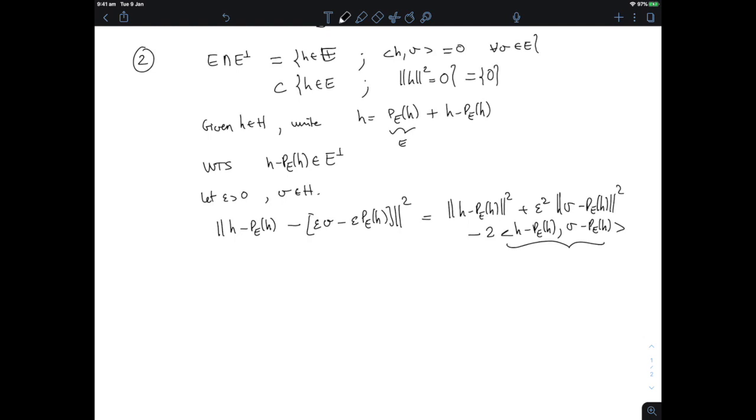Well, this is part of the characterization of the projection, that this quantity has to be less or equal to 0. So I have a negative sign in front. This means that this entire thing has to be greater than the norm of H minus PEH squared plus epsilon squared V minus PEH squared.